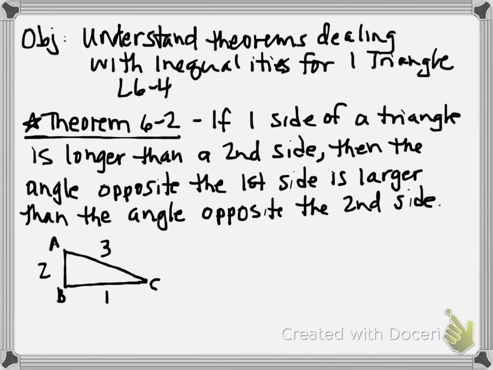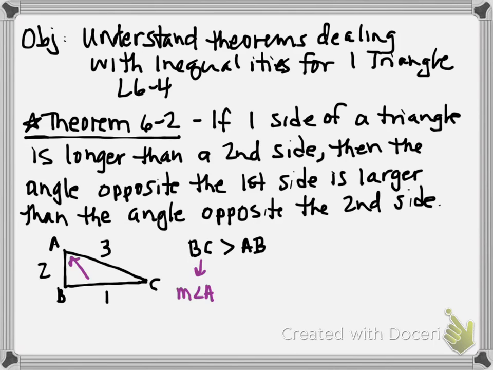Okay. So this is saying if one side of a triangle is longer than a second side, so in our drawing, if BC is greater than AB, what it's saying is the angle that creates that side has to be the angle opposite it. So what creates that side is this angle A. So we pair up measure of angle A with the length of BC.